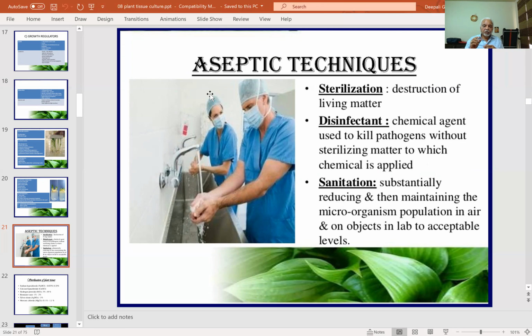If the infection goes inside, then your explant will not grow; rather other things will grow. The bacteria will grow, the fungus will grow. So it is very important that we disinfect or sterilize everything which is being used in this whole operation.